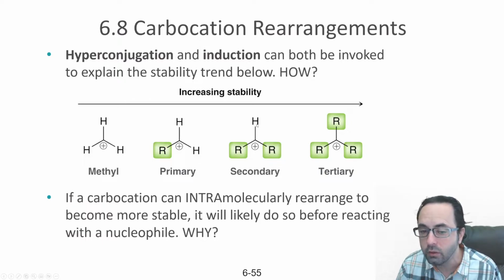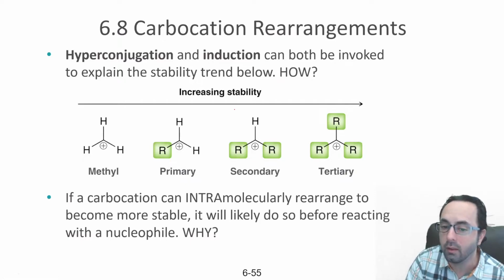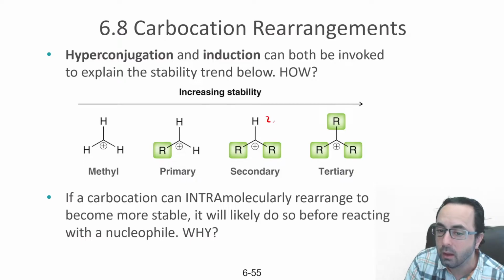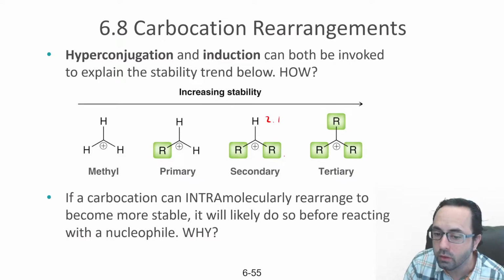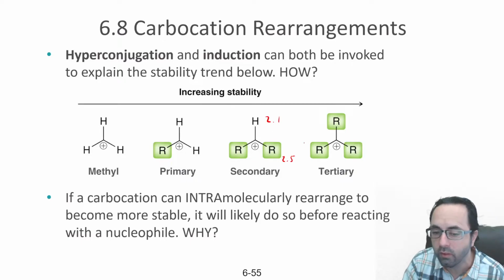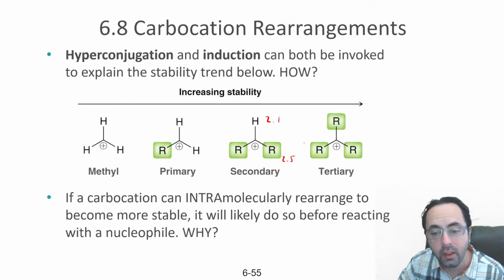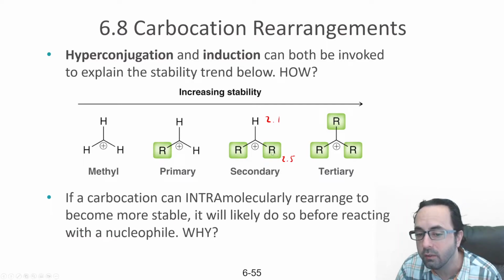Also, hydrogen does not pull electrons like carbon does. So remember, the electronegativity for hydrogen is 2.1. For carbon, it's 2.5. And so the inductive effect is significantly greater for carbon than it is for hydrogen. And you may have a carbon that's right behind it as well, further increasing that effect.